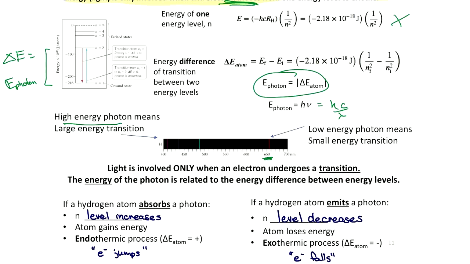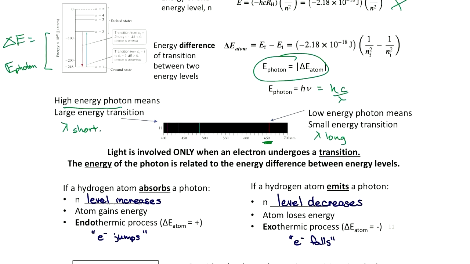Low energy is long wavelength. We see that relationship here. Again, all the wave nature of light comes out here. A low energy photon means a small energy transition and long wavelength, versus over here with short wavelength. So these lines that we see are specific transitions of our electron.